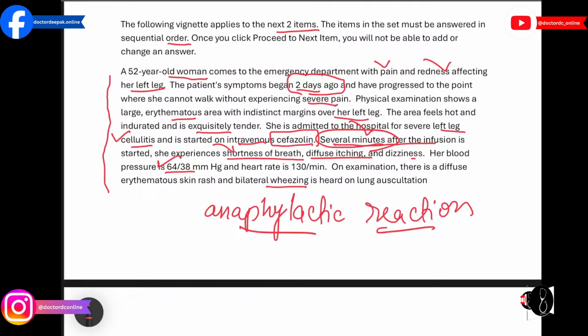So anaphylaxis is a systemic type 1 hypersensitivity reaction characterized by increased vascular permeability and multi-system edema, leading to the massive shifting of intravascular fluid to the extravascular compartment. And this anaphylactic reaction is due to cefazolin. Cefazolin is a cephalosporin.